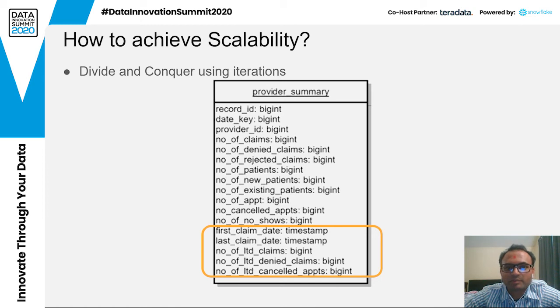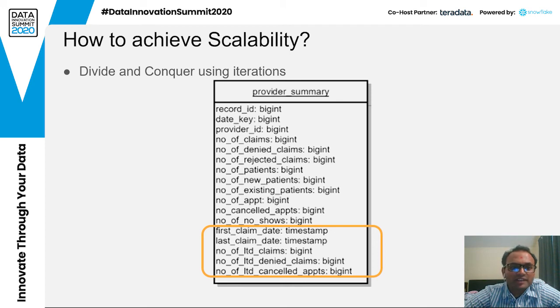In this example, number of LTD claims indicates the number of claims in the lifespan, while number of claims shows the claim count for a specific day. These LTD metrics may be from multiple sources, and that can add processing time significantly. When you have this kind of metrics in your model, the model processing can take more time.